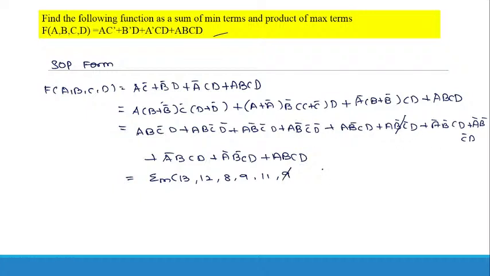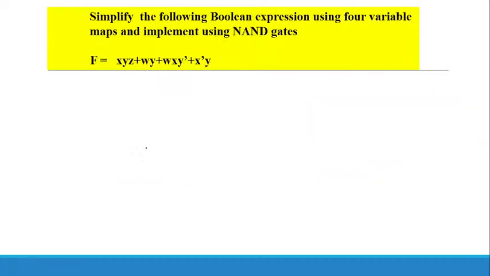Okay. Then CD is what? 3, then 1, then 7, then 3 again. This is an extra term. Strike it out. Then 15. So now rearrange it.